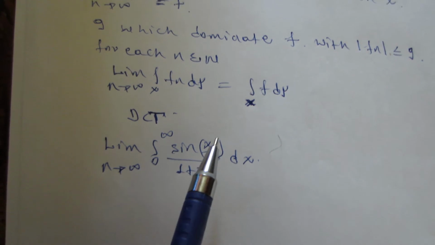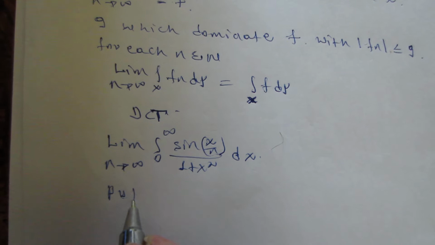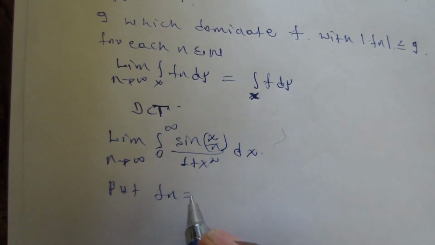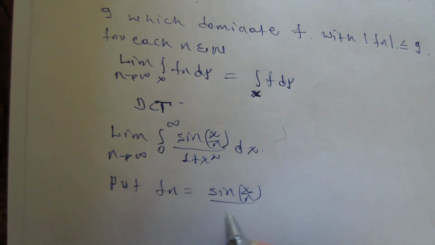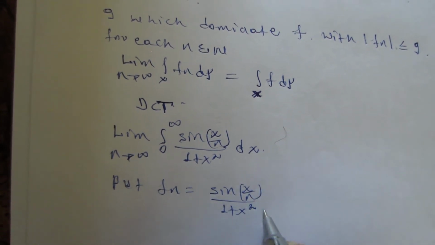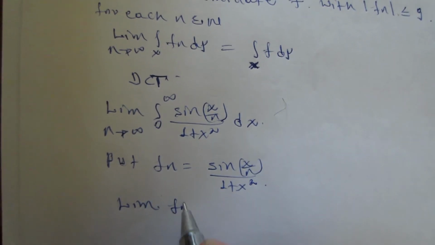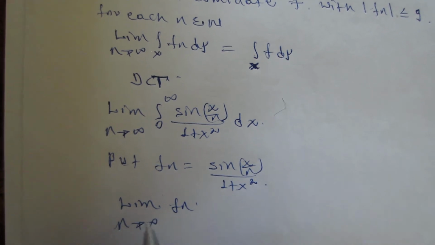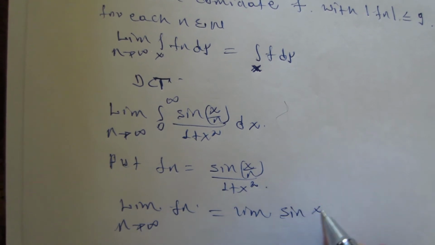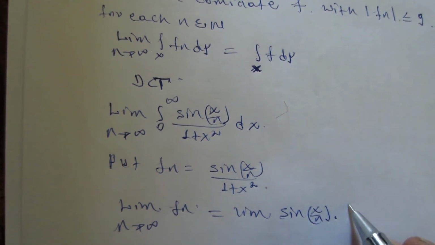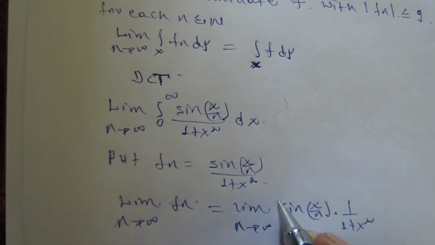First we put f_n equal to sine(x/n) over 1 plus x squared. Now let's take the limit of f_n as n tends to infinity, which means the limit of sine(x/n) times 1 over 1 plus x squared as n tends to infinity.